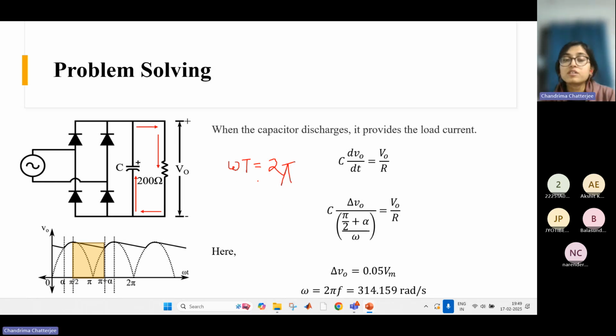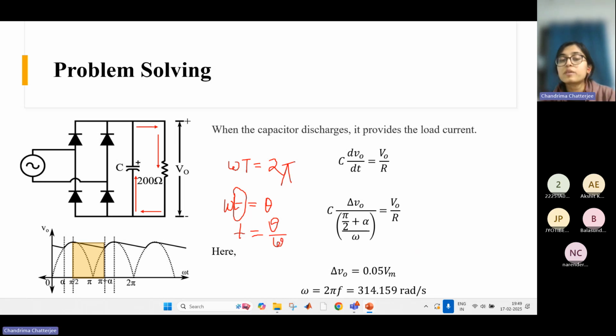So for finding out any time, if we know the theta, which is this angle, we have to divide by omega. Then only we will get t, right? Omega t is equal to some theta. That theta is pi by 2 plus alpha. So to get time, we need to divide by omega. Okay. So that's why there is an omega here.